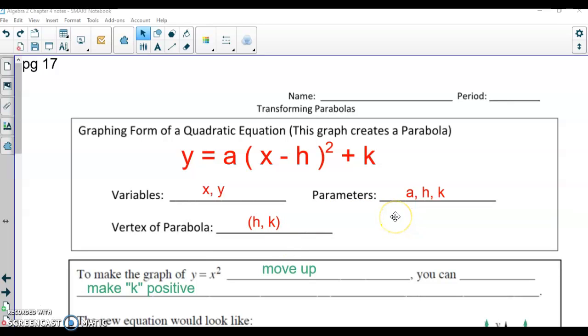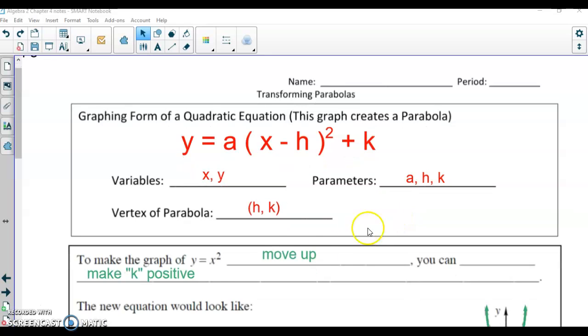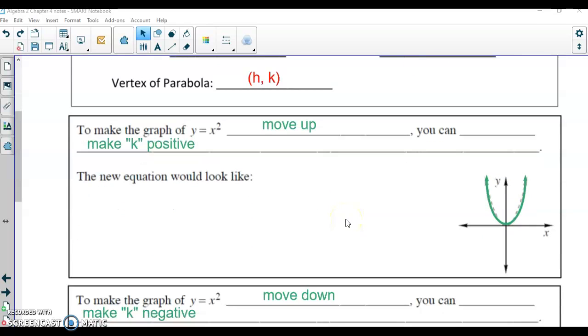Okay. How do we make the graph of y equals x squared, the parent graph, move? If I want the graph to move up, I make my last term, k, positive. So my equation looks like y equals x squared plus some number, maybe 3.